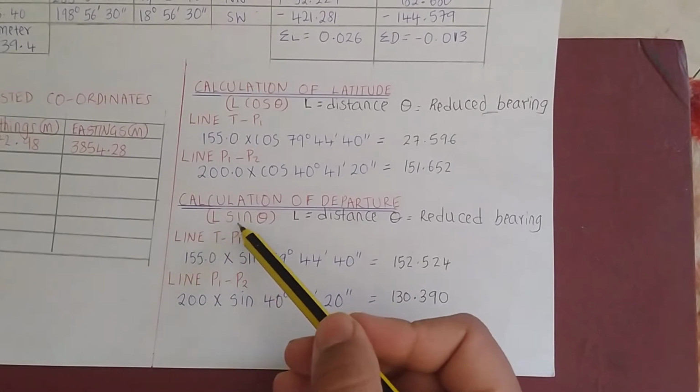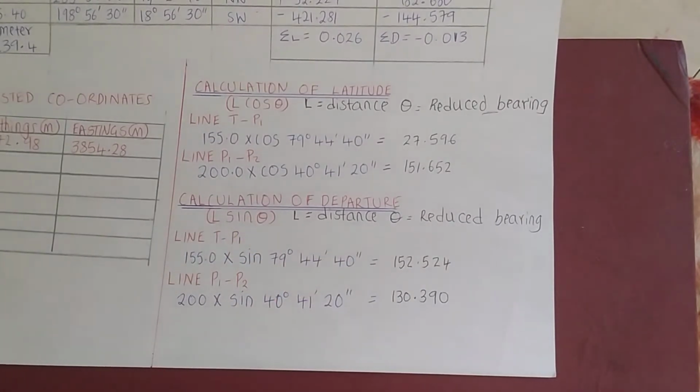For the departure, you take L sin theta, where L is the distance and theta is the reduced bearing.